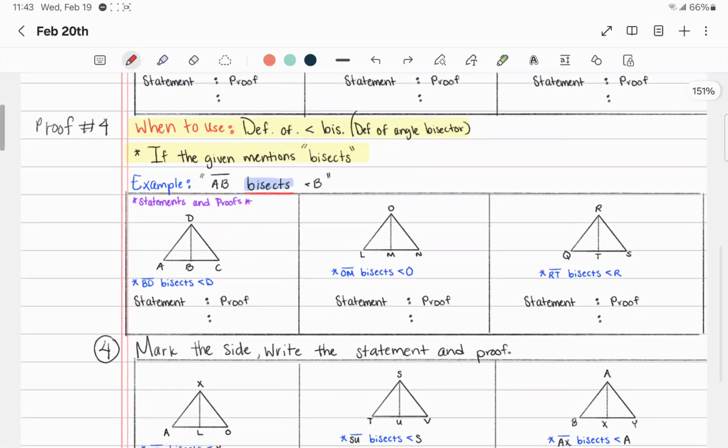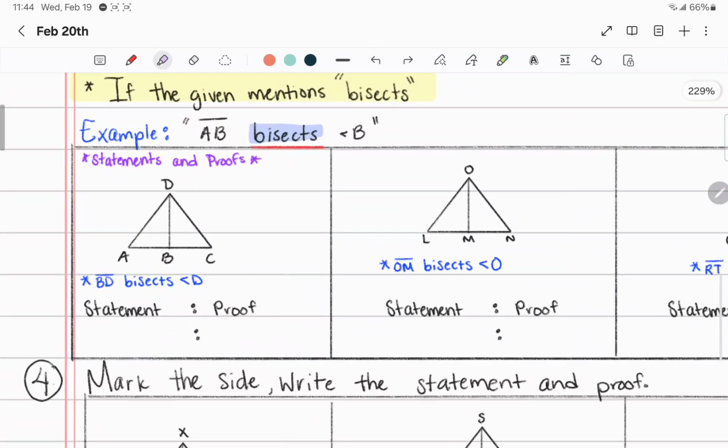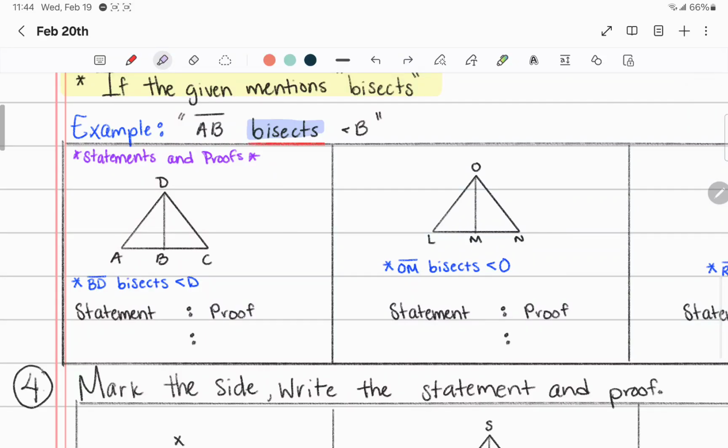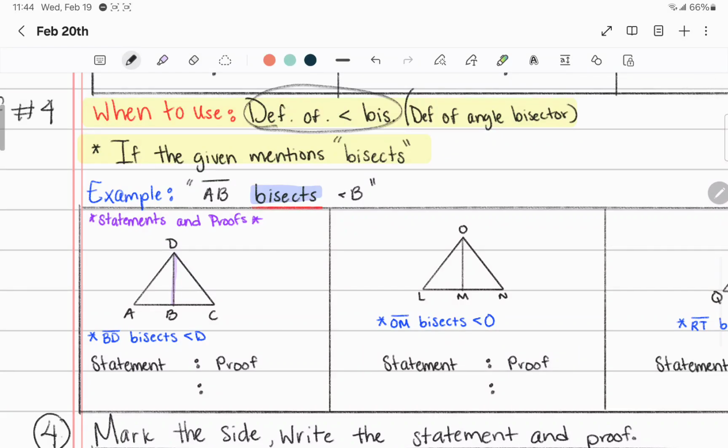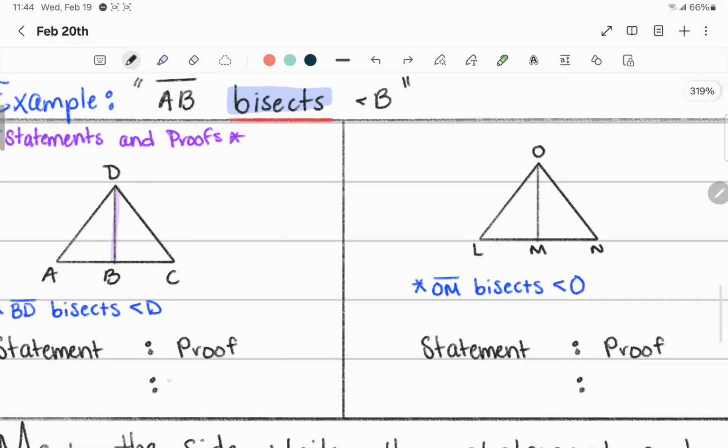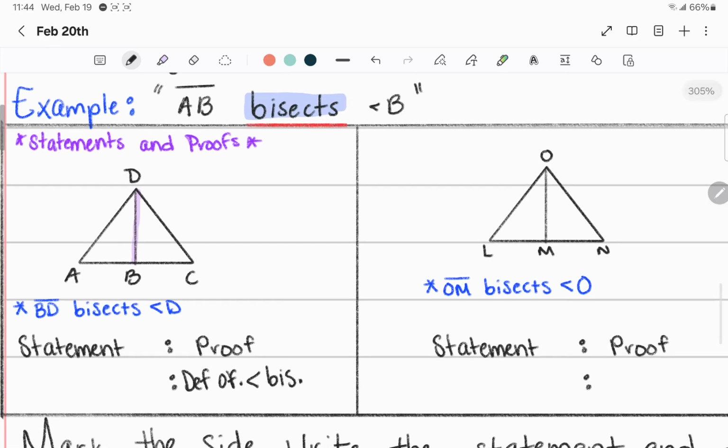Next, definition of bisector. It works the same way if the given mentions bisector. So it's the same thing as midpoint, but it mentions the word bisects. So an example, BD bisects angle D. So it mentions the word bisects, so we're going to write definition of angle bisector. So we do def of angle bisector. Remember that we shorten it.